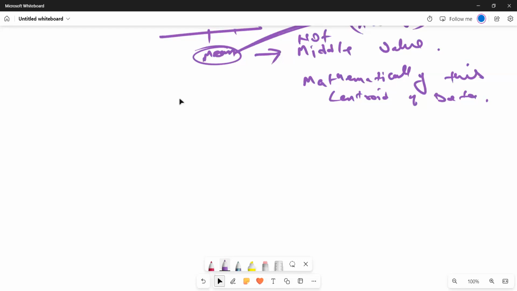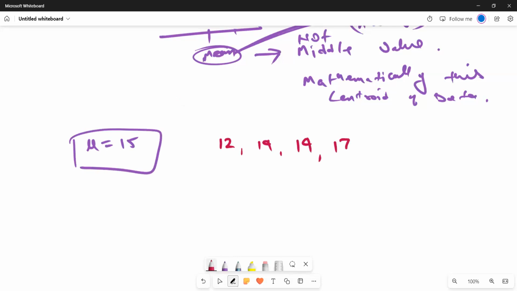Let's proceed ahead. Now, the thing is, let's say if I give you only the mean of the data, which is 15, and the data set that we were discussing is 12, 14, 14, 17, and 18. The mean of this data is 15. There could be multiple data sets that can carry the same mean.